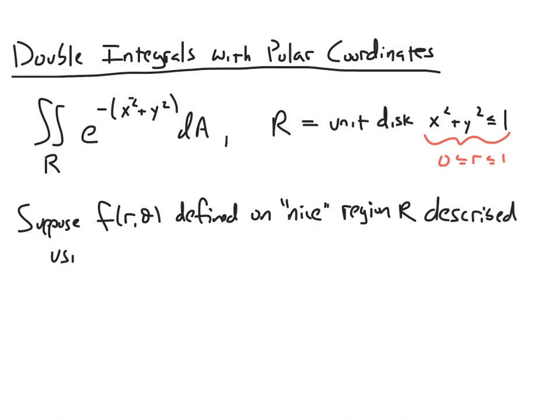So we need not just the function to be in polar coordinates, we also need the region to be described in that way. We've talked before about what nice means: the region is bounded on each side by continuous curves in terms of polar coordinates, and our function is continuous over this region.